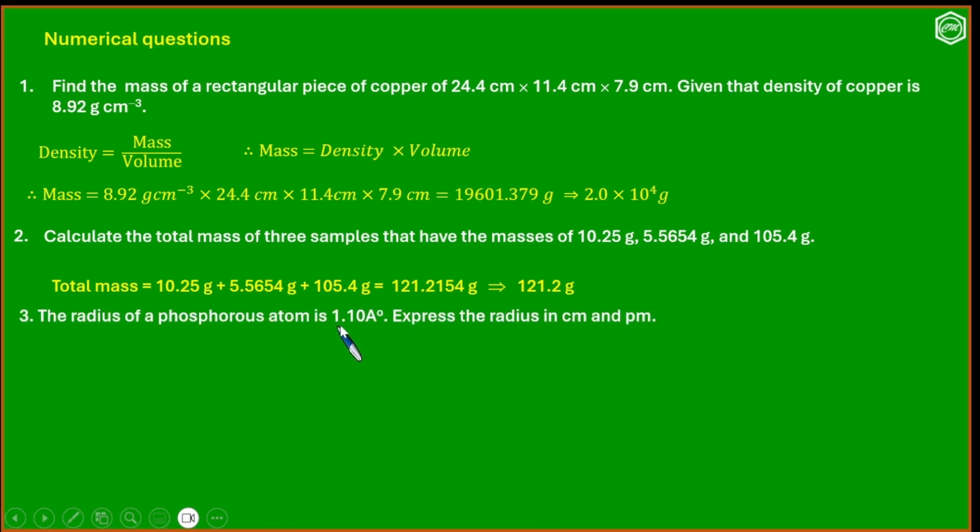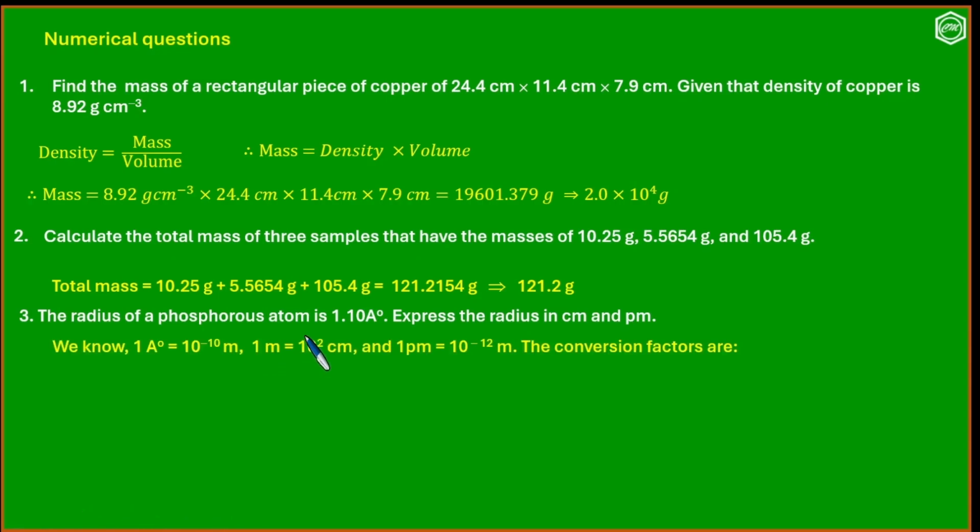The radius of a phosphorus atom is 1.10 angstrom. Express the radius in centimeter and picometer. So first we have to find out the unit factors. For that 1 angstrom is equal to 10 raised to minus 10 meter, and 1 meter is equal to 10 raised to 2 centimeter, and 1 picometer is equal to 10 raised to minus 12 meter.